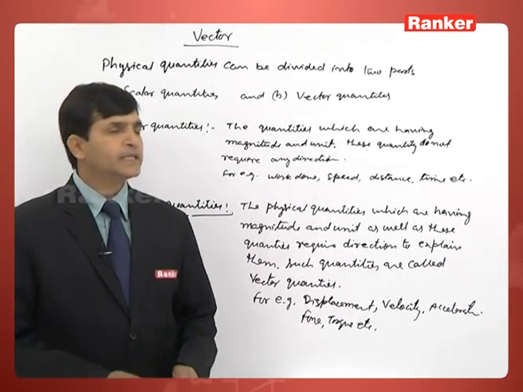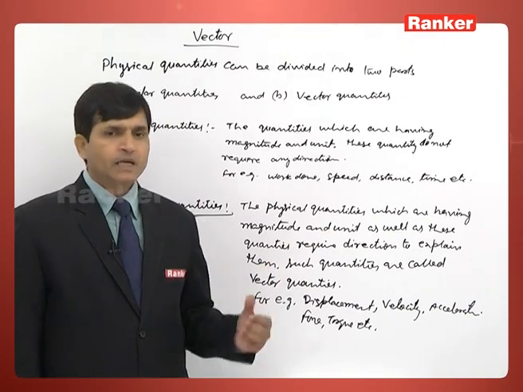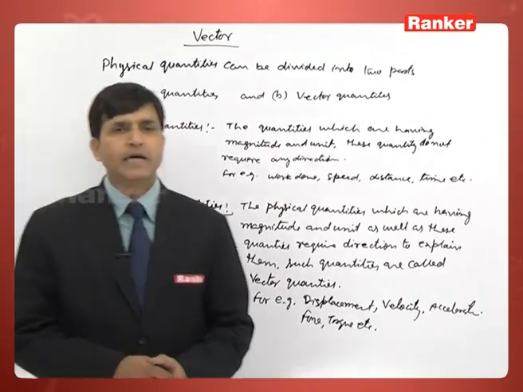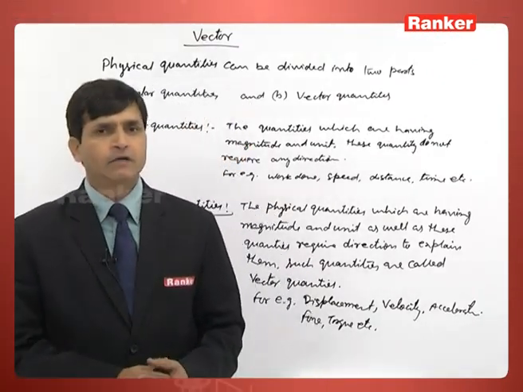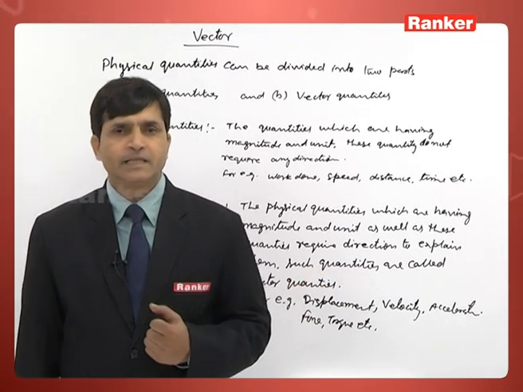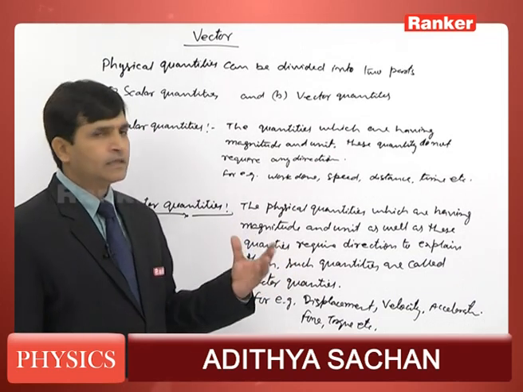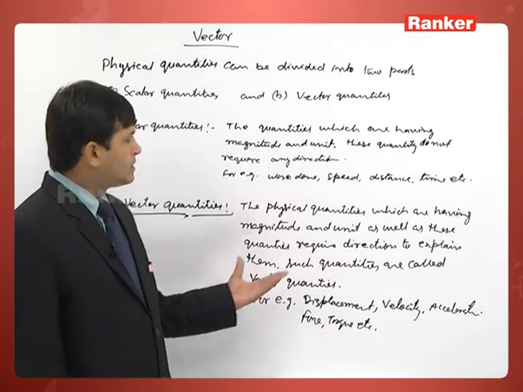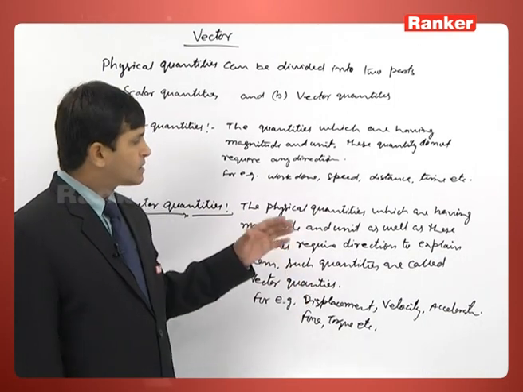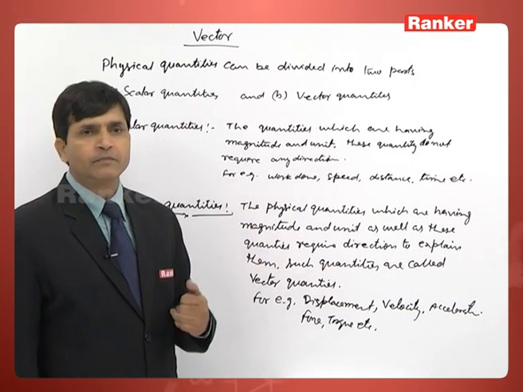Whenever defining these quantities, we will define their magnitude as well as unit, along with which we require direction. Whenever we are using vector quantities, in their application, as well as the addition, subtraction, division, multiplication, all these mathematical expressions, we follow a little bit different type of theory and different type of procedure.